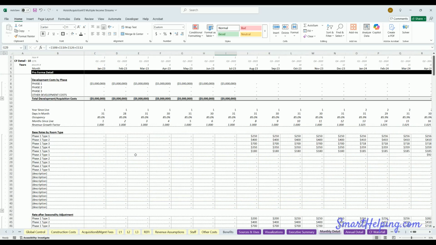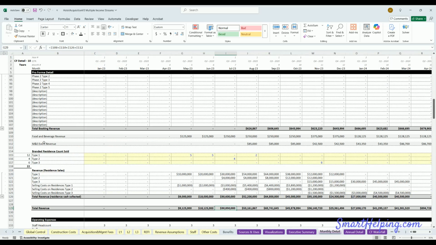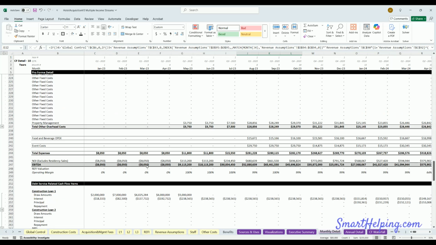On the monthly detail, that is right here, M&E event revenue. There's the amount, and then the costs happen right here based on that margin calculation. And then that just adds to the total net operating income.